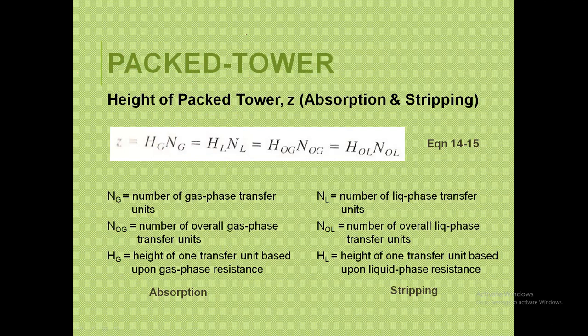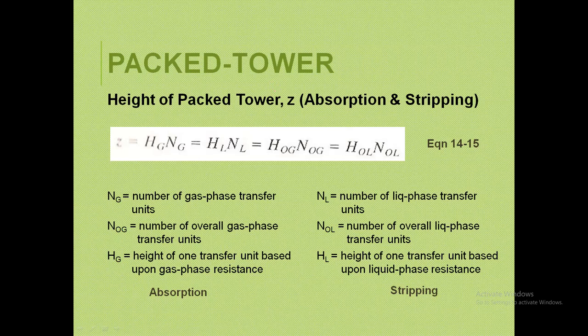Anyway, if it's H sub OG, N sub OG, on the original subscript G and L only, you have added O. So if you have already O in your subscript, that represents the overall, in the case of G, the overall gas phase transfer units.